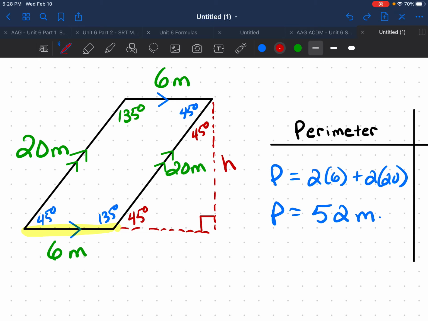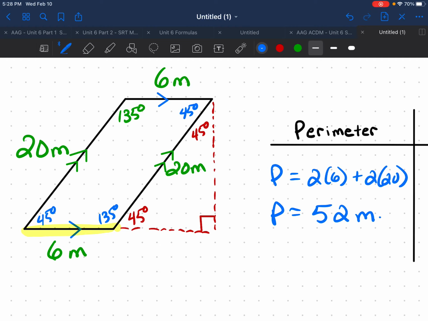So we can see that this side length here is 20 meters long. That's the hypotenuse. In any 45, 45, 90, that's like x radical 2. This is x, this is x. So I wanted to write those rules on there to remind you that we should be dividing by radical 2 and rationalizing. So what we get is a height of 10 radical 2.